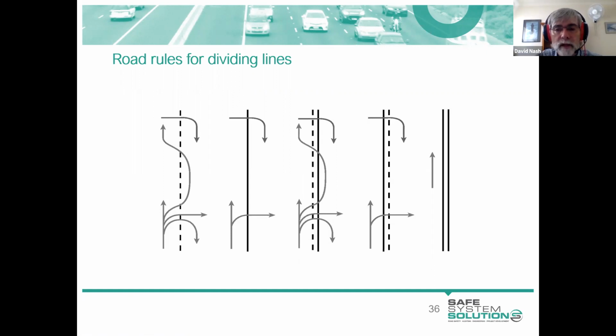So where preventing overtaking is the serious issue, then use a double line wherever possible. However, if it's a very curvy road with a lot of driveways, and therefore you would end up with a lot of breaks in this road, then maybe a single line would be okay. So there are a few exceptions.